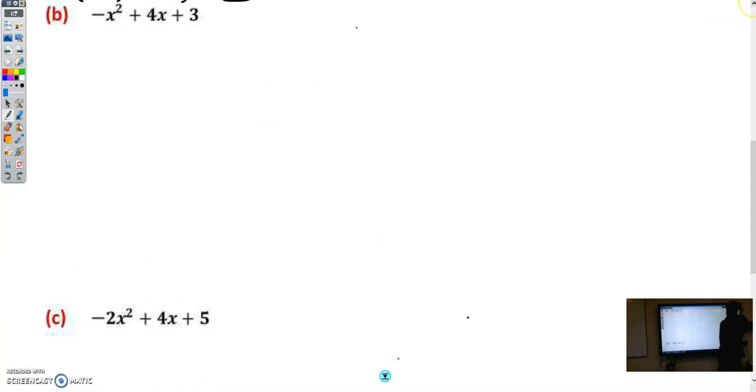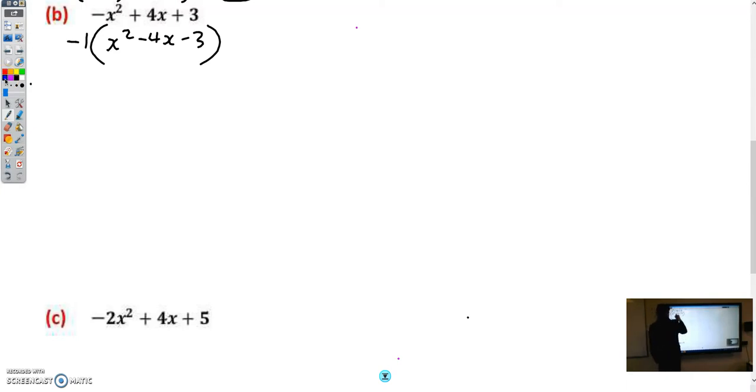All right, the next example. We have negative x squared plus 4x plus 3. It's important to realize that negative 1 is not the same as 1. This still needs to be factored out. So we have negative 1 outside of x squared minus 4x minus 3, where the symbols of each term have changed. We go about completing the square.